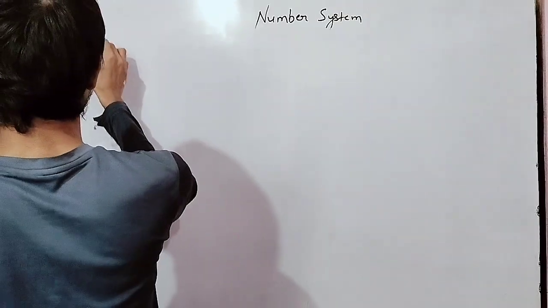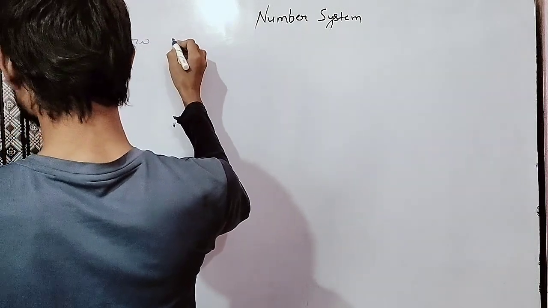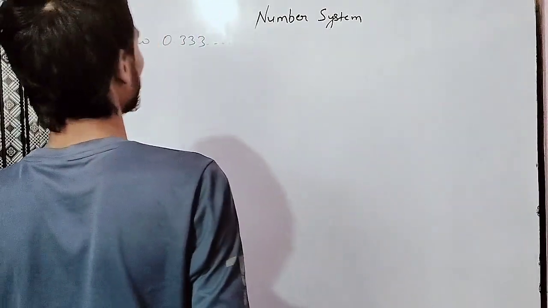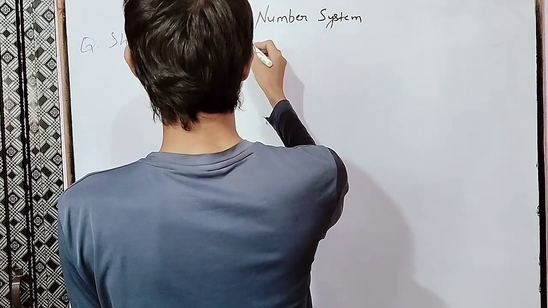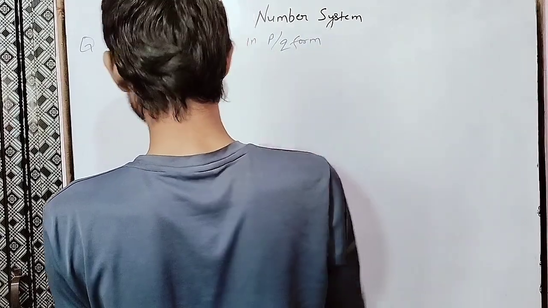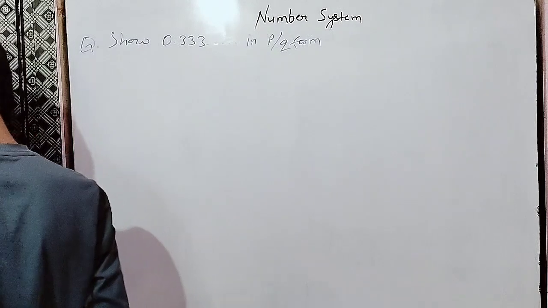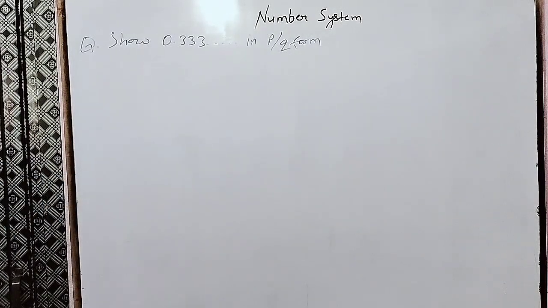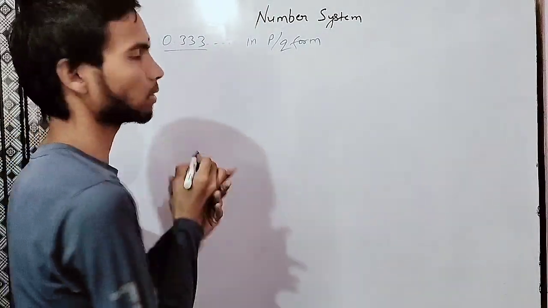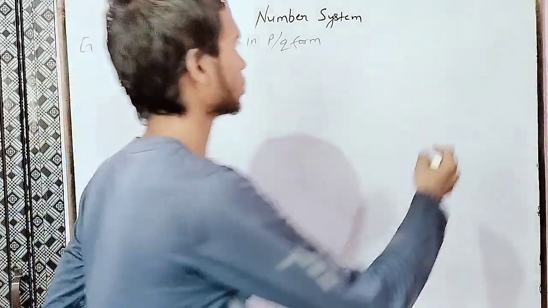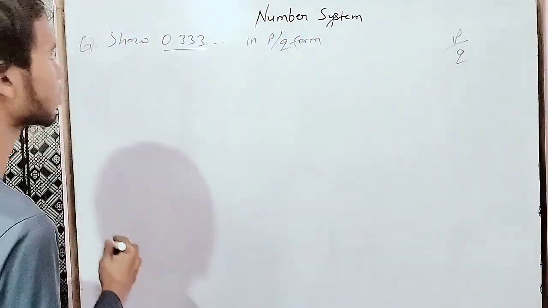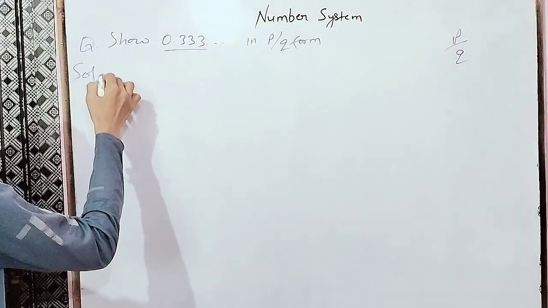For example, 0.333 and it is not terminating. A, B, Q. Okay, this is the question. We have to write this in the form of P upon Q. So let's see how to solve it.